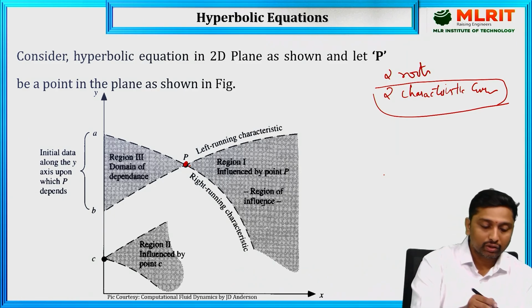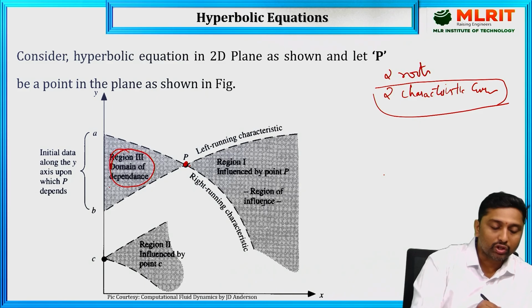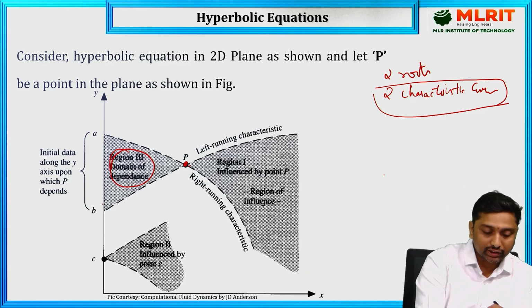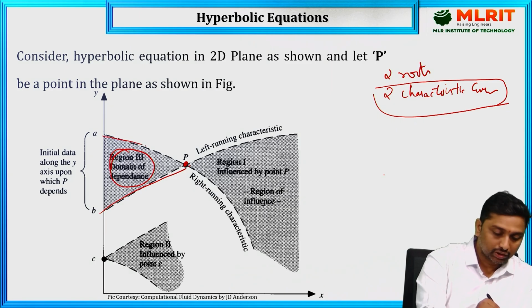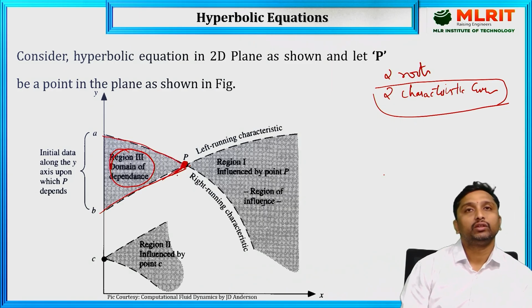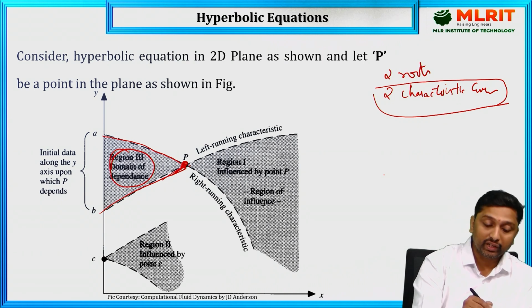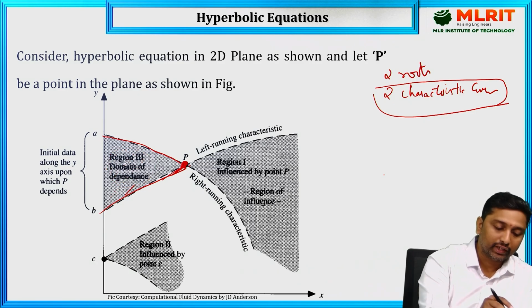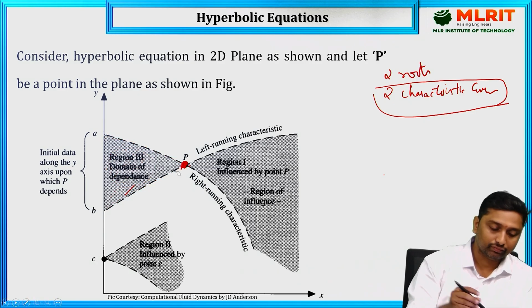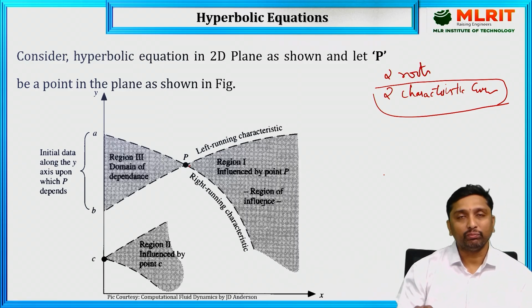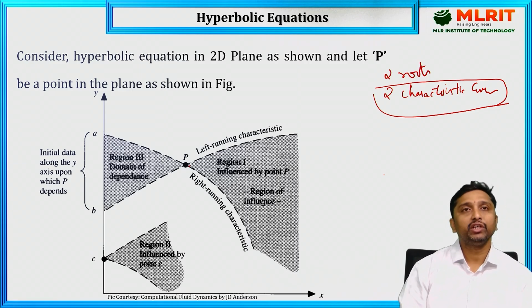For that, we have something called the domain of dependence. This is the region which influences the nature or behavior of the flow at point P. The behavior at point P will be dependent on this region. Basically, this P can be anything; it can be any object placed in the flow field.